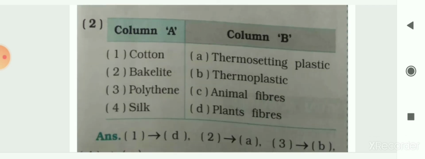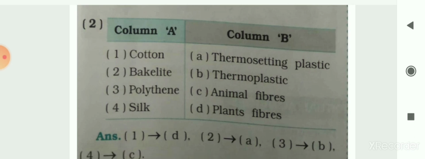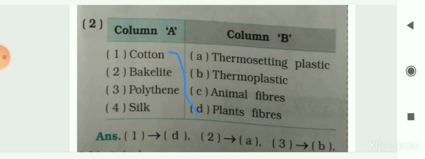In column A, cotton, bakelite, polythene and silk are given. In column B, which kind of plastic this is and which kind of fiber this is are given. So first one is cotton. Cotton is the plant fiber, or you can say natural fiber. We are getting this fiber from the plant. Next is bakelite.